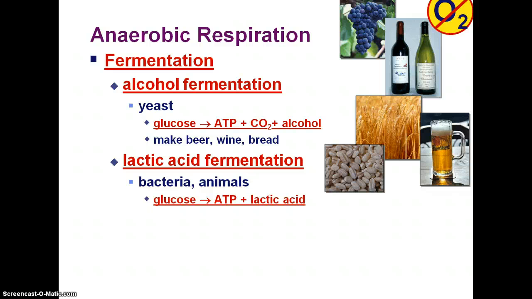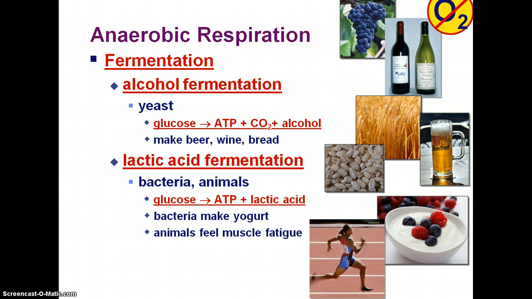This is where you break down glucose to form ATP and lactic acid. Sometimes bacteria use this, and we take advantage of that to make yogurt. But if you've ever felt muscle fatigue, that's when your muscles run out of available oxygen and start lactic acid fermentation.